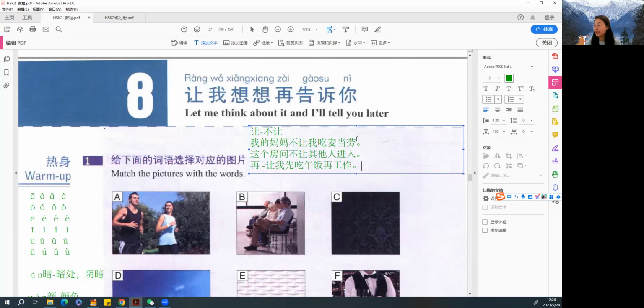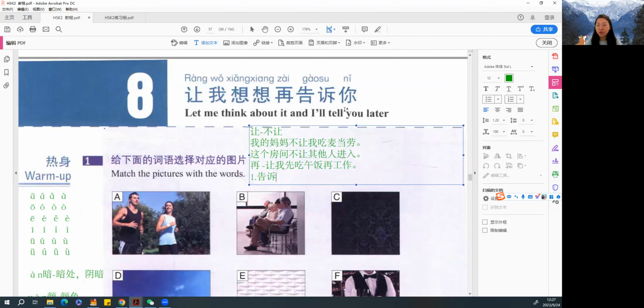And then here 告诉 is tell somebody something. So please distinguish. There are some expressions of speaking out. The first is what we have learned here, 告诉, right? 告诉 means tell somebody something.